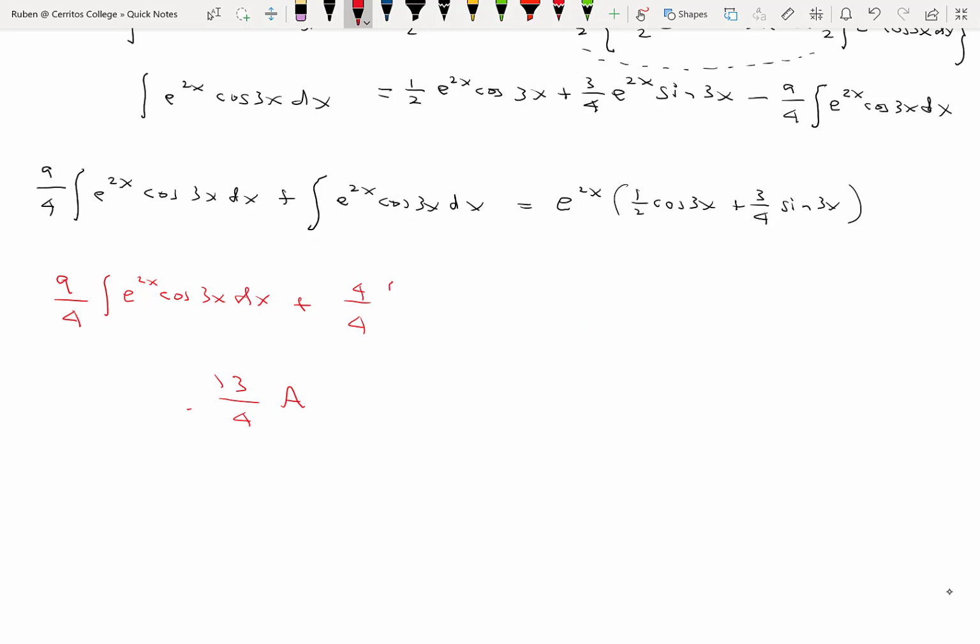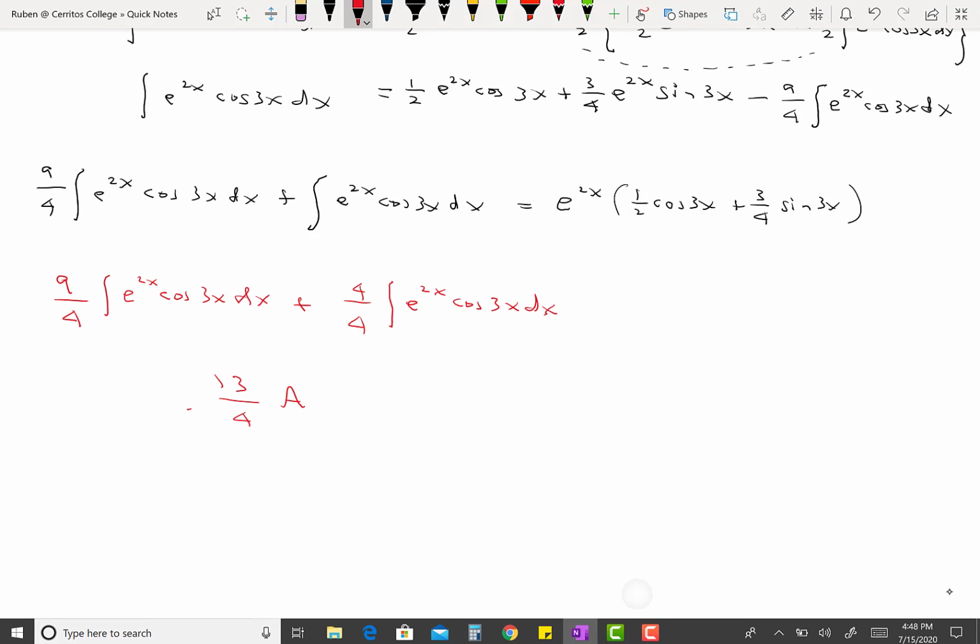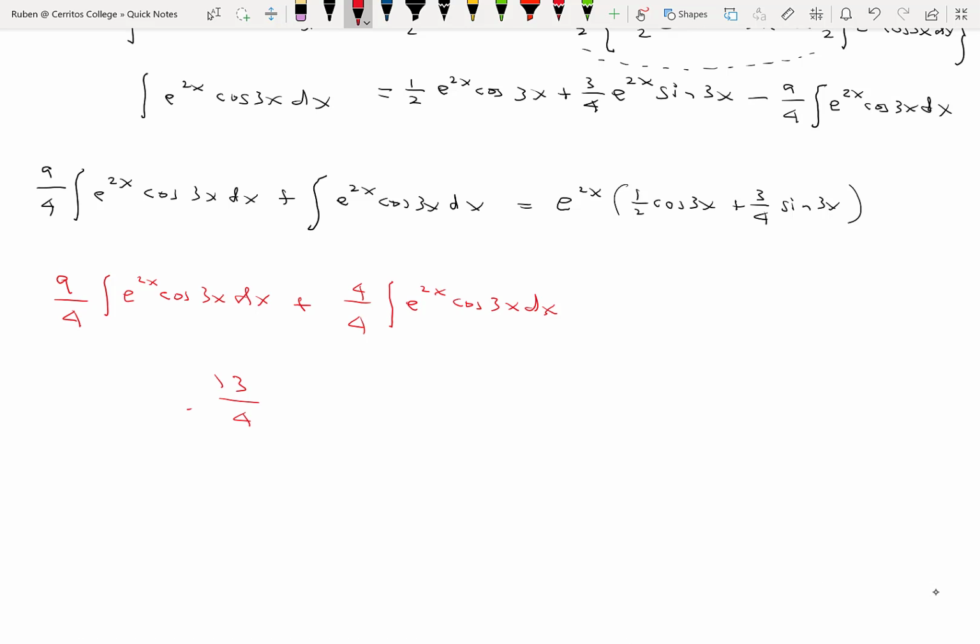Okay, so we do have another e to the 2x cosine 3x. So 9/4 of the integral plus 4/4 of the integral gives us 13/4 of the integral. So we replace a with e to the 2x cosine of 3x. Okay, and what does that have to equal? It equals what's on the other side: e to the 2x times 1/2 cosine 3x plus 3/4 sine 3x.